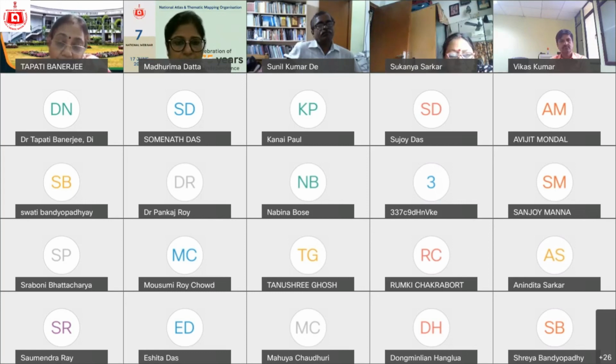We have a geographer in our institute, we have geologists. I think they will be more interested in this type of map, like a landslide zonation map, hazard zonation map, or identifying landslide-prone areas in the form of an atlas. It's really interesting. So we can take that initiative for future work.